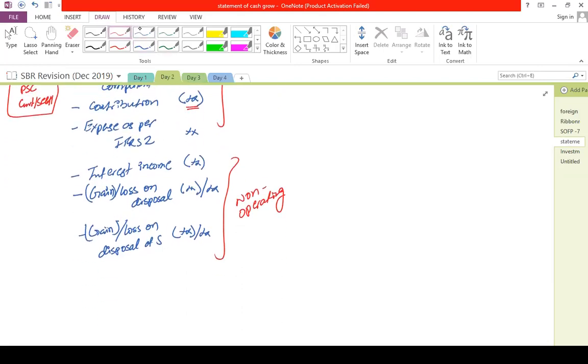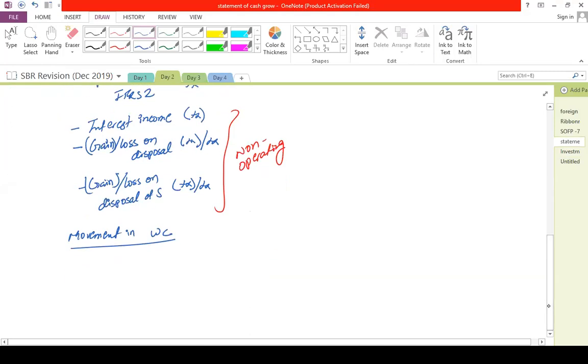Now, apart from that, we also record the movement in the working capital. Yes, MNW is exactly right. In this, we incorporate the increase or decrease in the inventory, where the increase in inventory will result in a cash outflow and the decrease in inventory will result in a cash inflow.